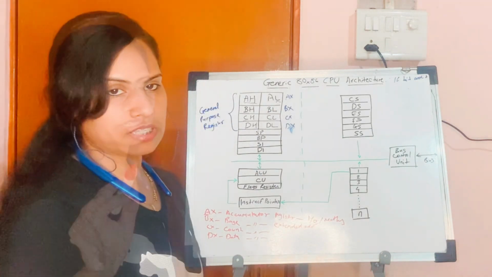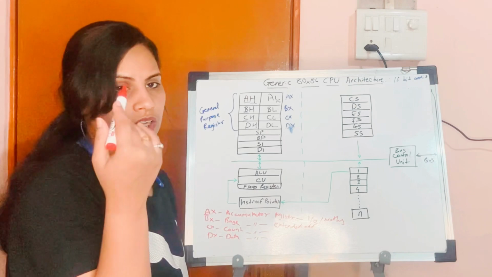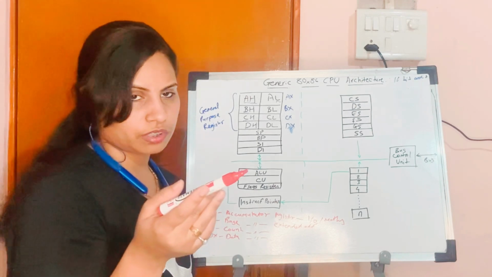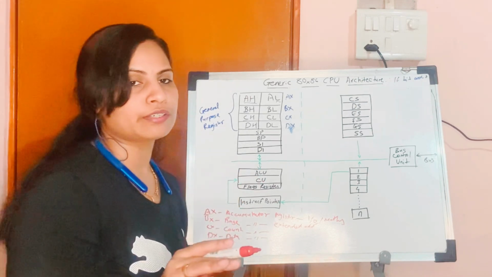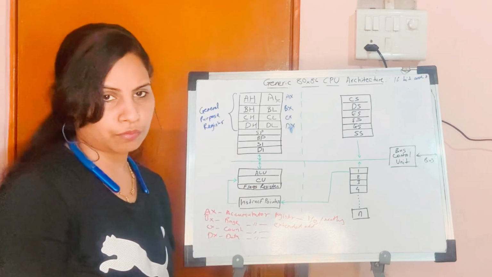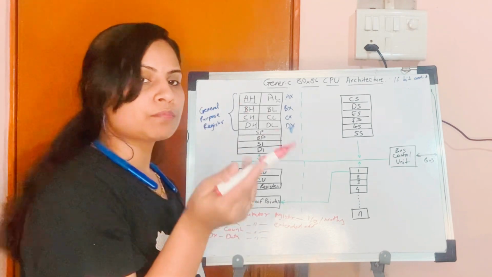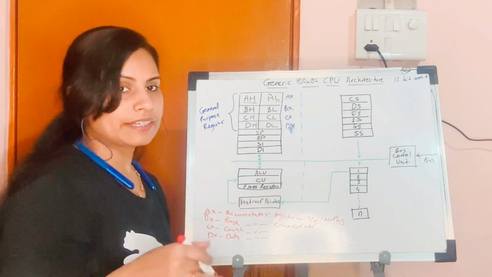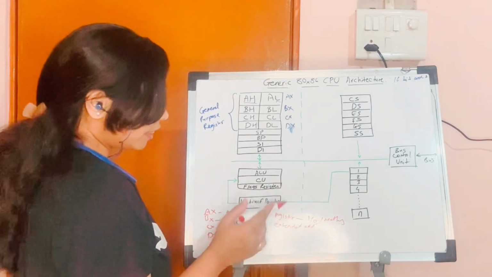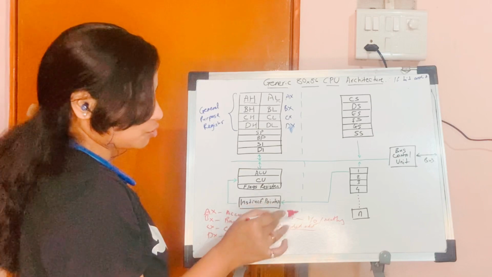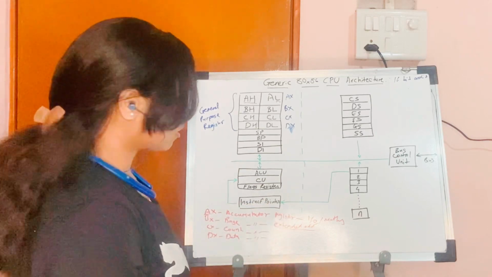Extended addressing means the OS enters into protected mode. We had seen in the first video the real mode when it first wakes up, and then it enters into the protected mode. When it enters the protected mode, this register is used for extended addressing.